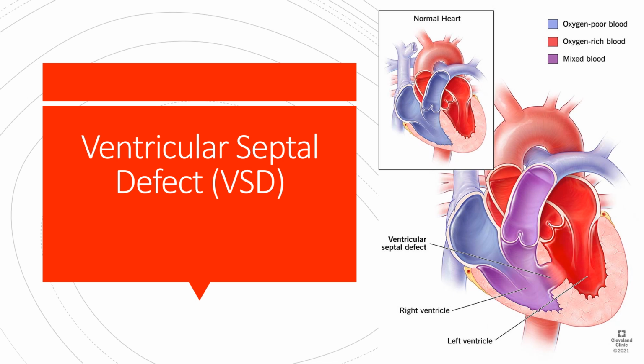Here's your normal heart with the normal ventricular septum, and then you have the septal defect here. This is what mixes the blood. You have the red blood going into the blue blood, and because the aortic arch takes blood from both ventricles, you have lower oxygenated blood going out into the body.